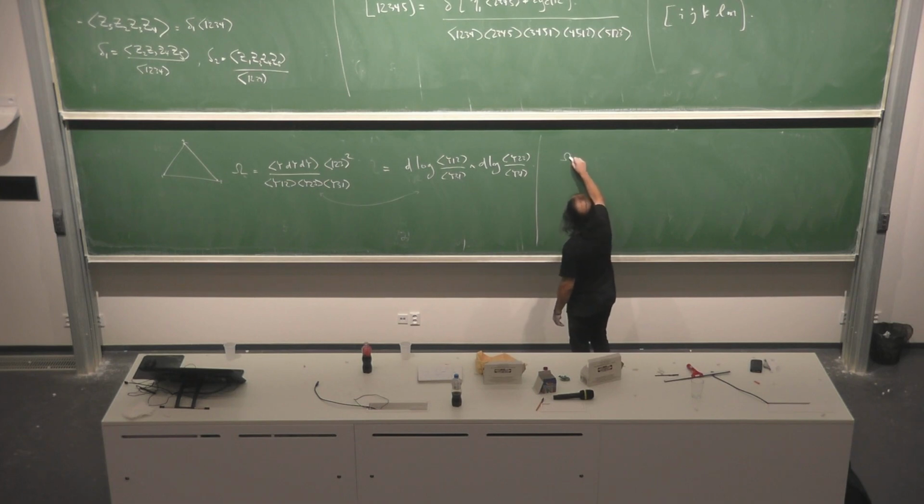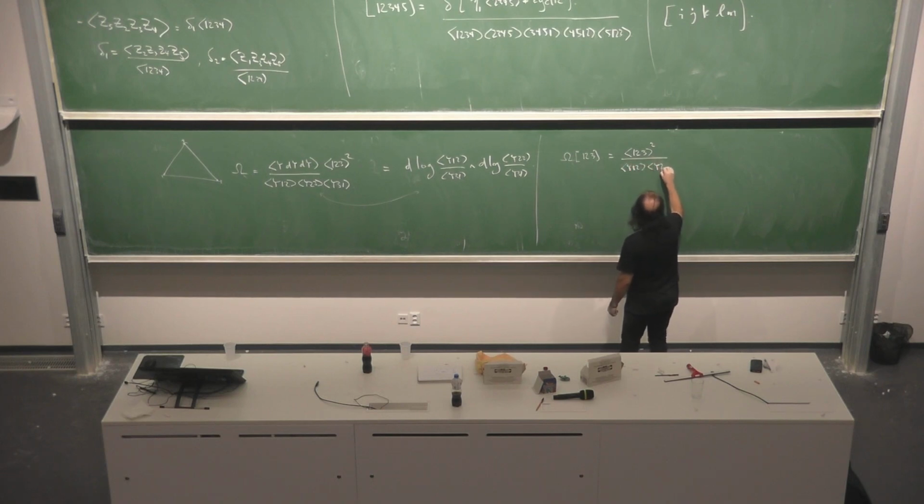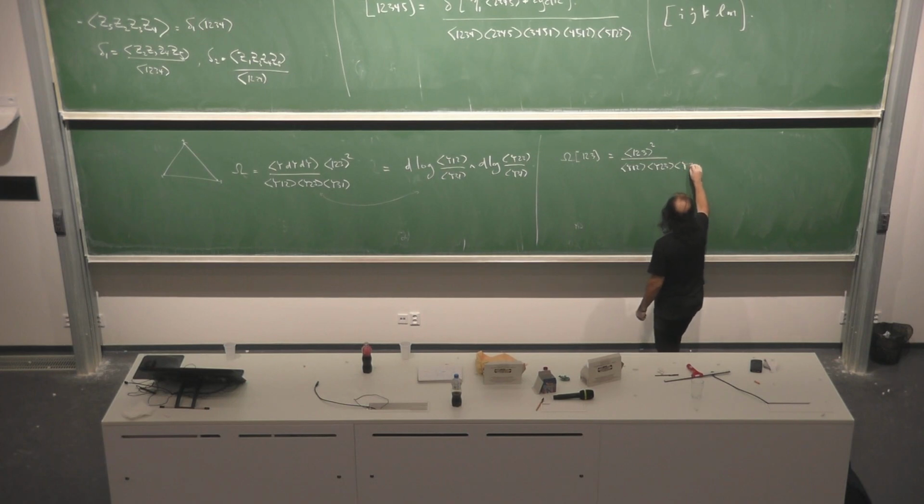So let's look at canonical. I'm just going to write two formulas down. Canonical form for triangle 123 is 123 squared over y12, y23, y31, and then there's this universal y d squared y factor.